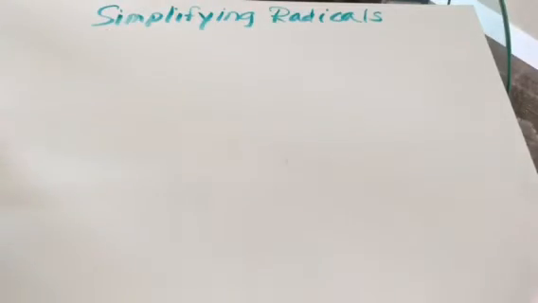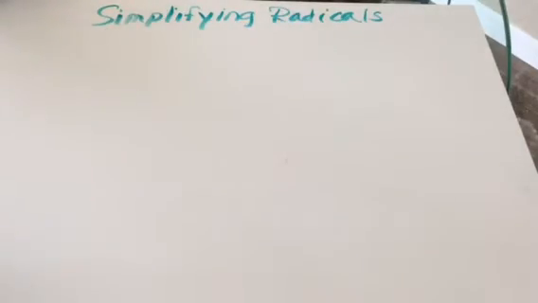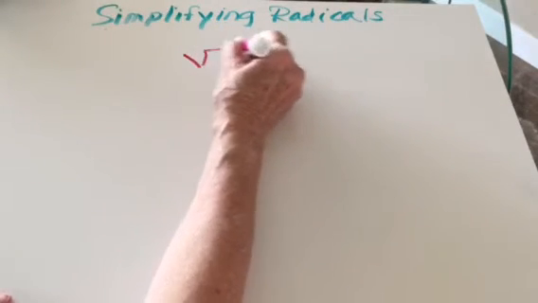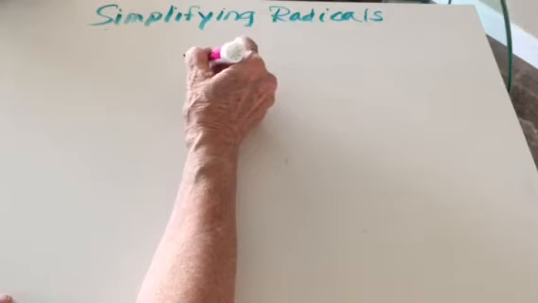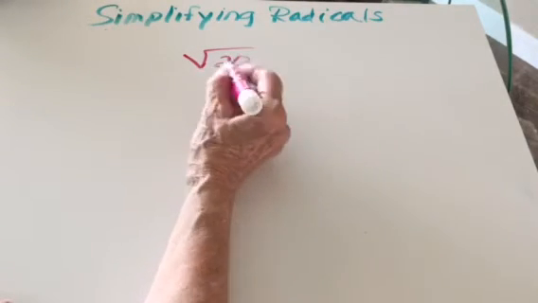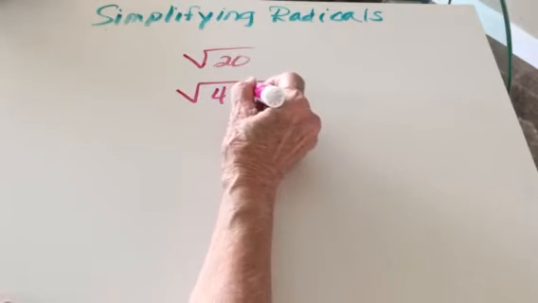I'm going to start off by giving you the answer on this one, because I think in this case it's an easy way to teach it, and it's an easy way to understand it. All right, radical 20. Now I can call radical 20 this. I can call it 4 times 5.